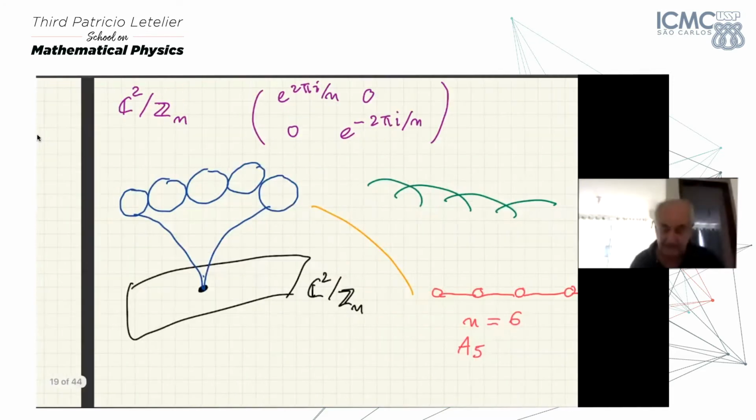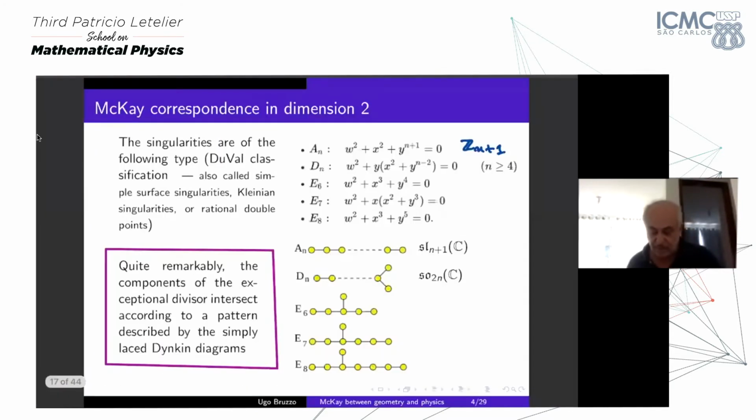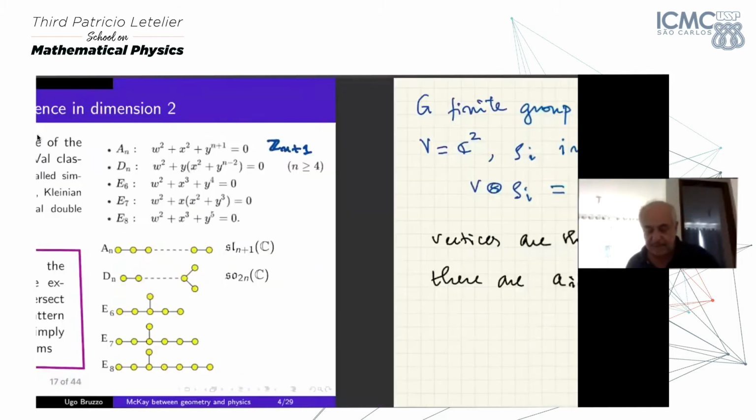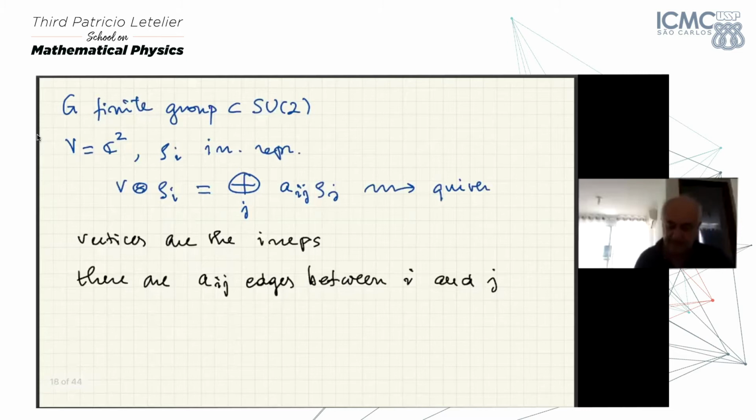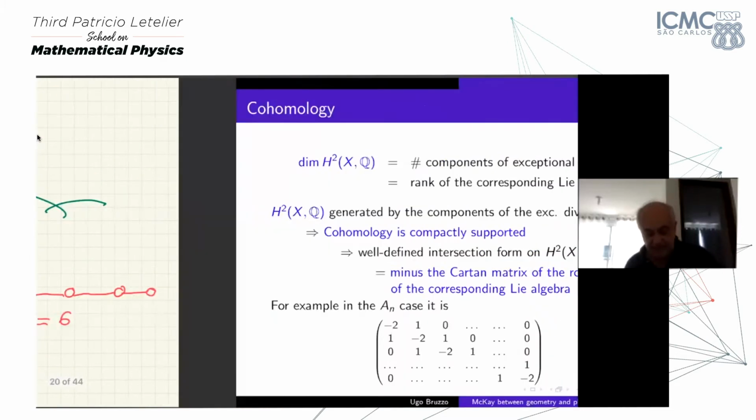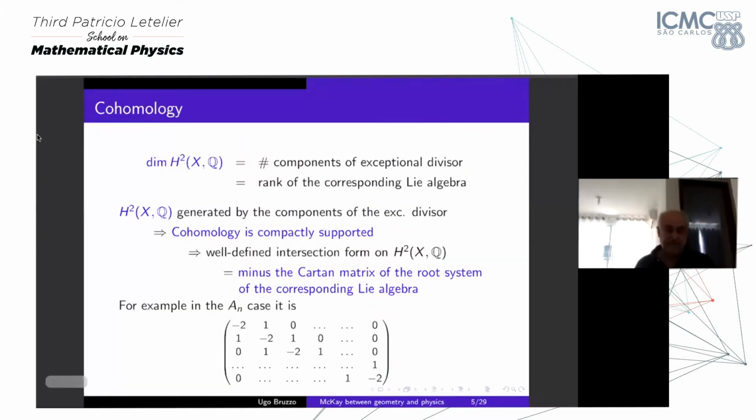In our correspondence, we also have a Lie algebra. This has a Cartan matrix, which group theoretically is this matrix, and geometrically, this matrix is up to a sign given by the intersection pattern of the components of the exceptional divisor.